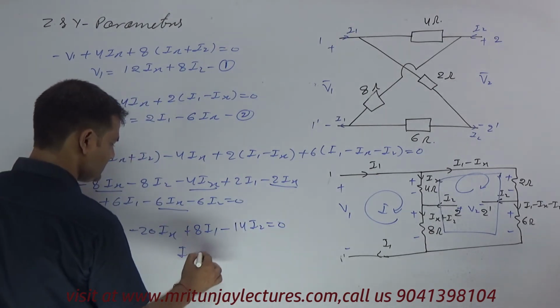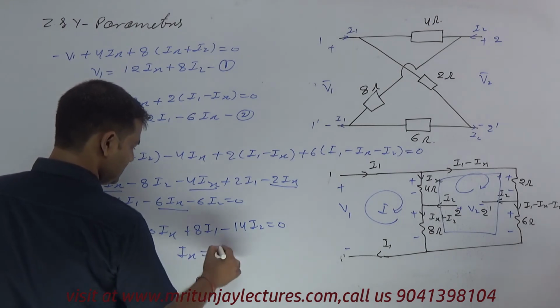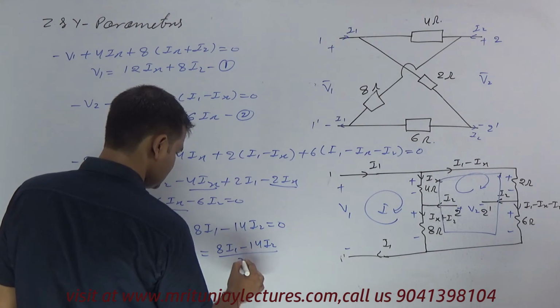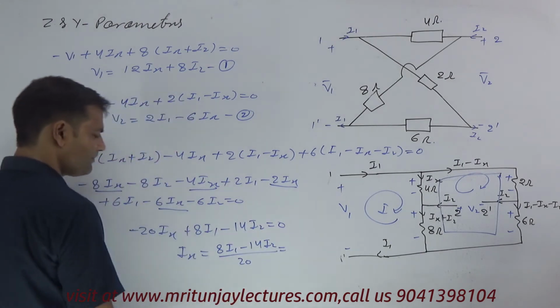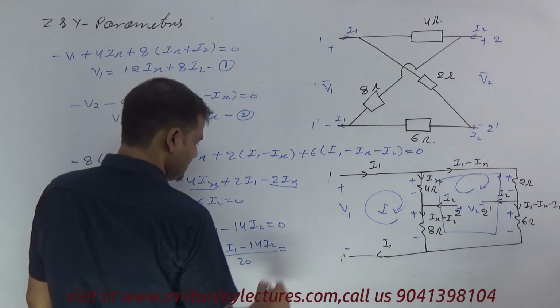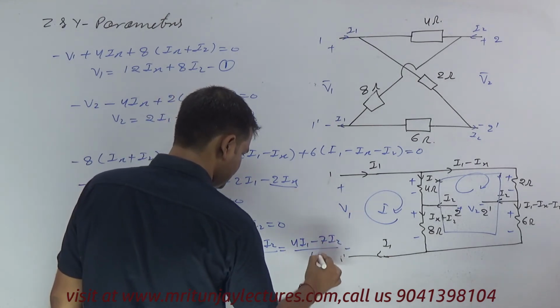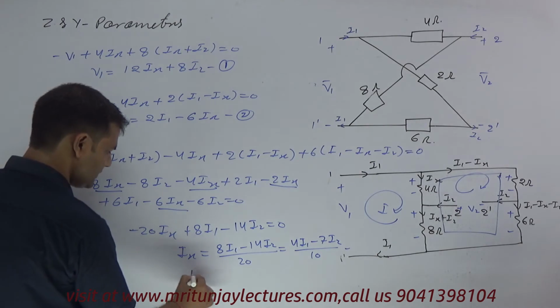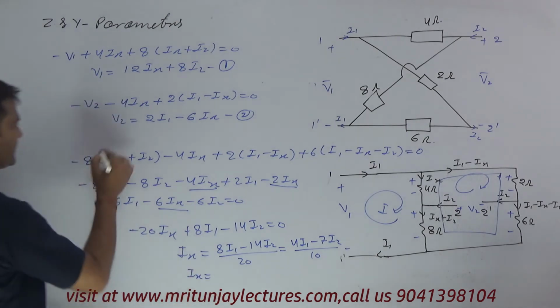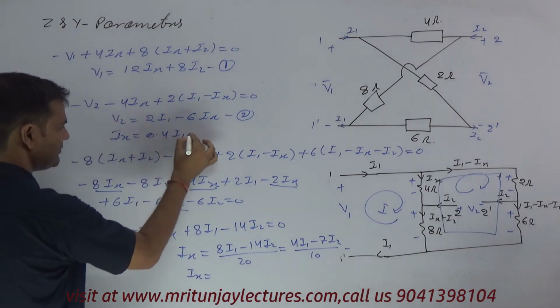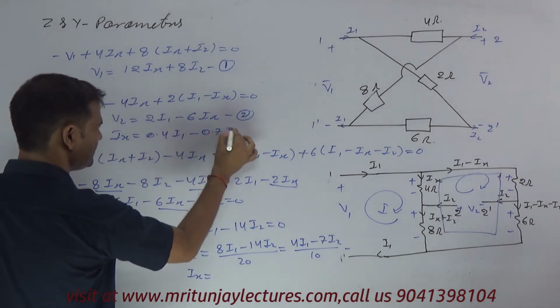So ix is written as 8 I1 minus 14 I2 divided by 20. So we got 4 I1 minus 7 I2 divided by 10, or you can say that ix is written as 0.4 I1 minus 0.7 I2.